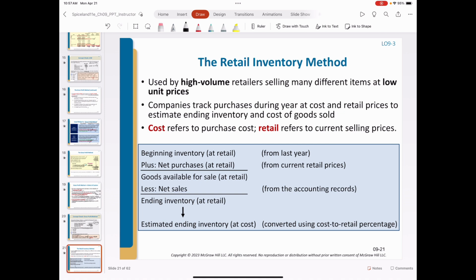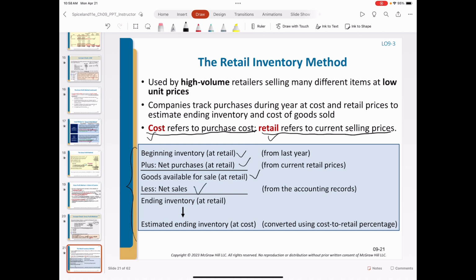Basically, the company should track the cost, which is the purchase cost of inventory, and the retail value, or the selling price of the inventory. So no matter the cost or retail, this equation also works. The beginning balance of inventory at retail value plus the net purchase at retail value equals the goods available for sale at retail value.